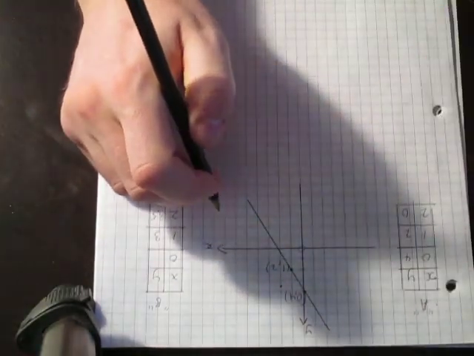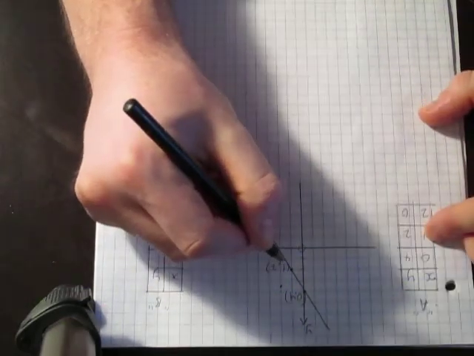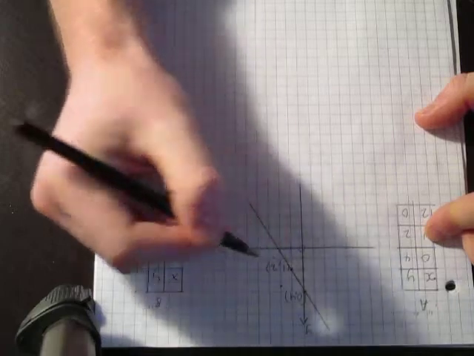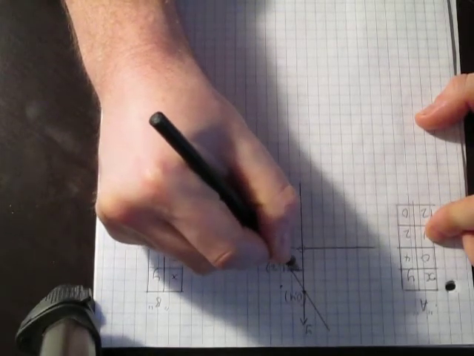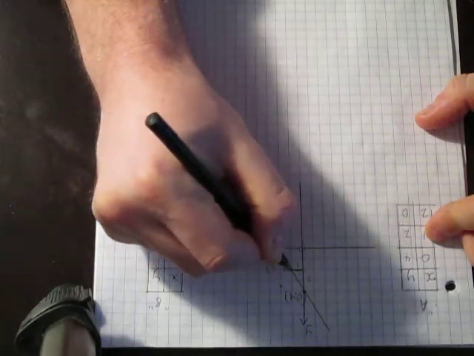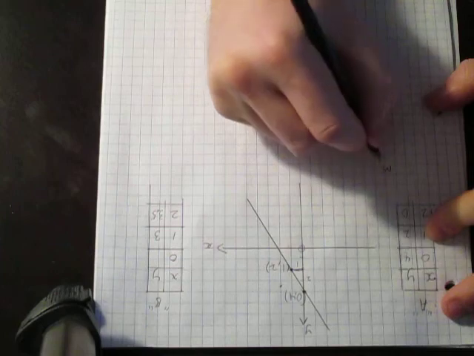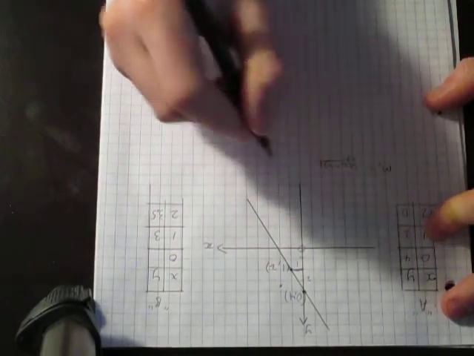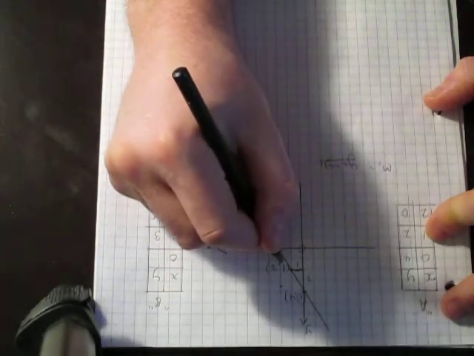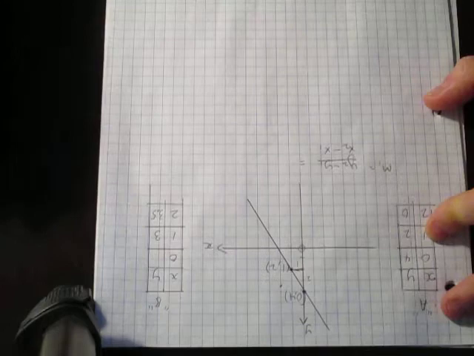And what you can do with this, either from the table of values or from the line itself, is get a slope. Now here I can see quite a nice triangle from these 2 points. You can see that this is 1 across and 2 down. The other way of deriving the slope is y2 minus y1, the vertical change, over x2 minus x1, the horizontal change.